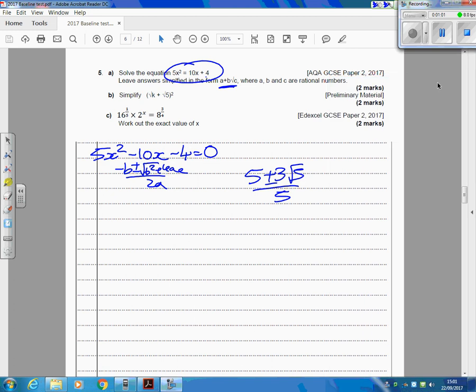You could even cancel that down. We could say 5 divided by 5 is 1, so I've got 1 plus or minus 3/5 of root 5. But that was quite disappointing, that one.